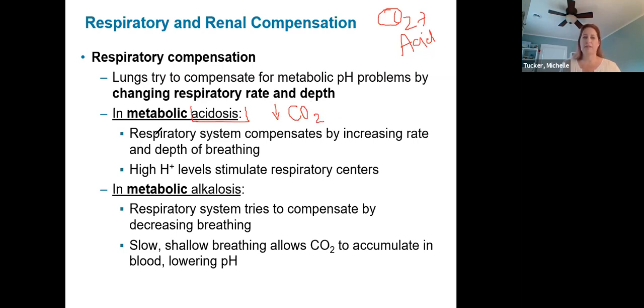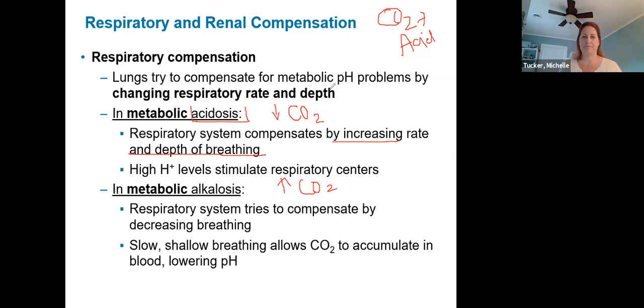So the respiratory system tries to decrease the level of CO2 by increasing the rate and depth of breathing. In metabolic alkalosis, because CO2 acts as an acid, we want to try and increase CO2. To increase the CO2, the respiratory system will decrease breathing through slow, shallow breathing to allow CO2 to accumulate.